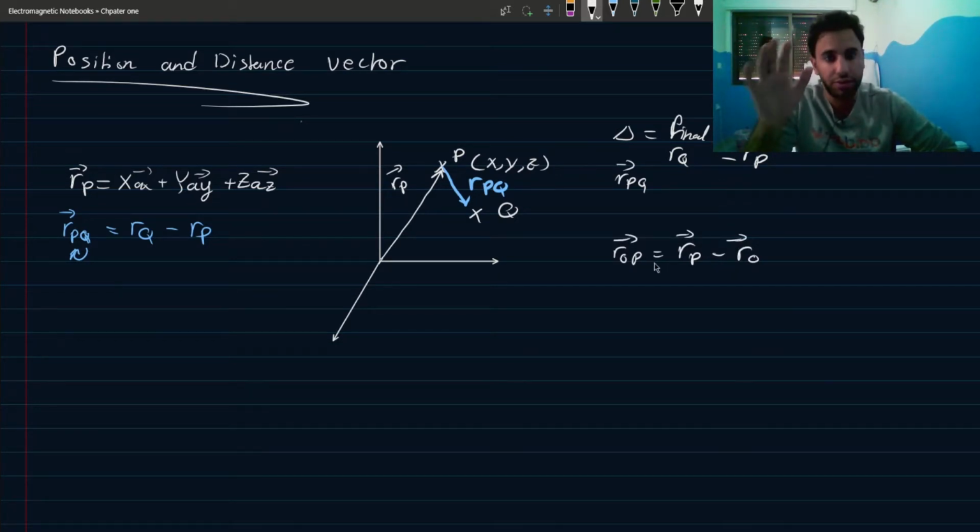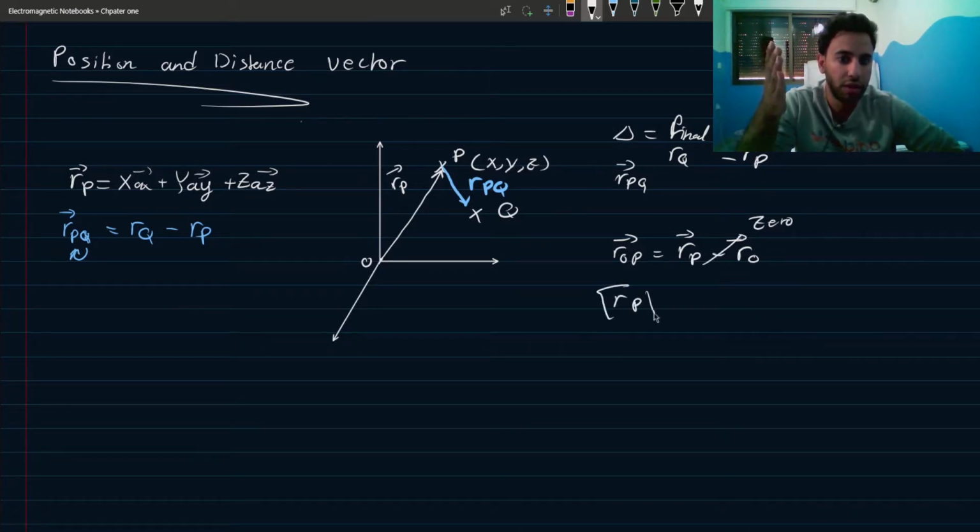All of these are vectors. Now, R_O is at the center, at the origin, so it is equal to 0. So it will be equal to R_P only. Hence, the position vector is a special case of the distance vector.